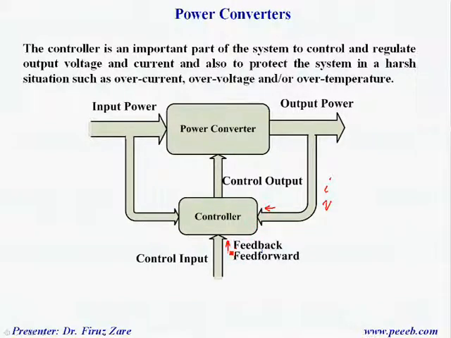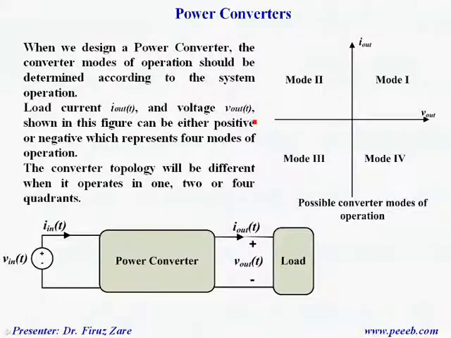The reference signal can also be current or voltage, and based on this it can generate the control signal. It can generate a pulse pattern suitable for this converter, which can turn on and turn off the power switches to provide the desired output voltage.